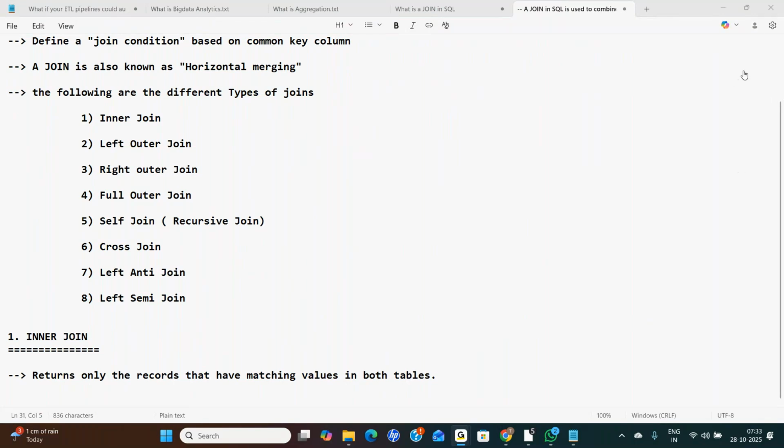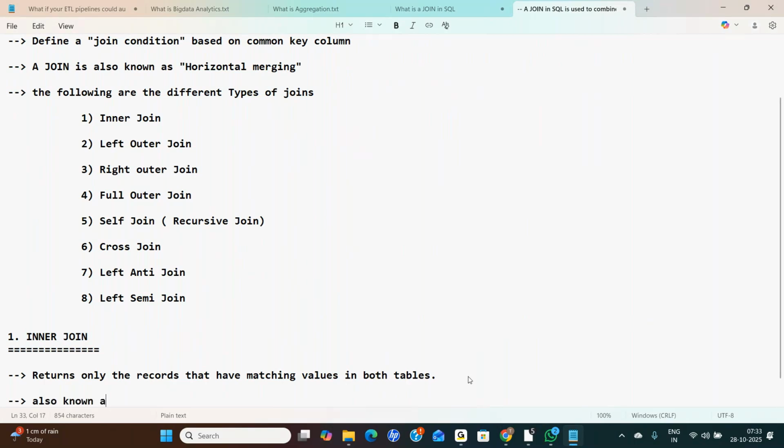Now on the tables only, we'll write the inner join. It returns only records that have matching values in both the tables. What are the other naming conventions for the inner join? Equijoin, yes, very good.